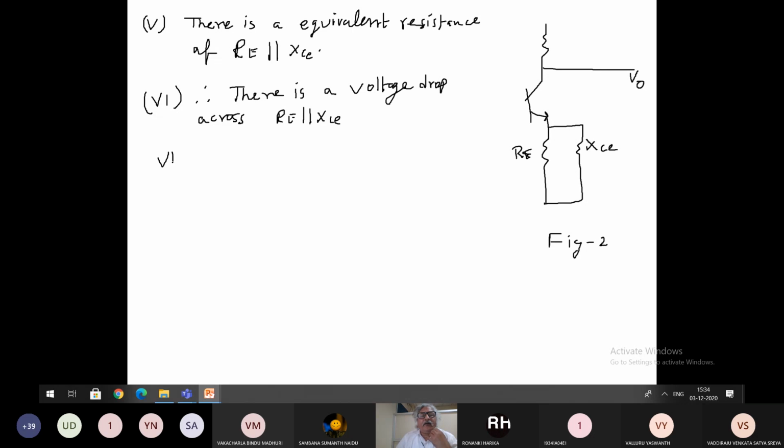And now if there is a voltage drop across this, then therefore final V out will decrease, right?